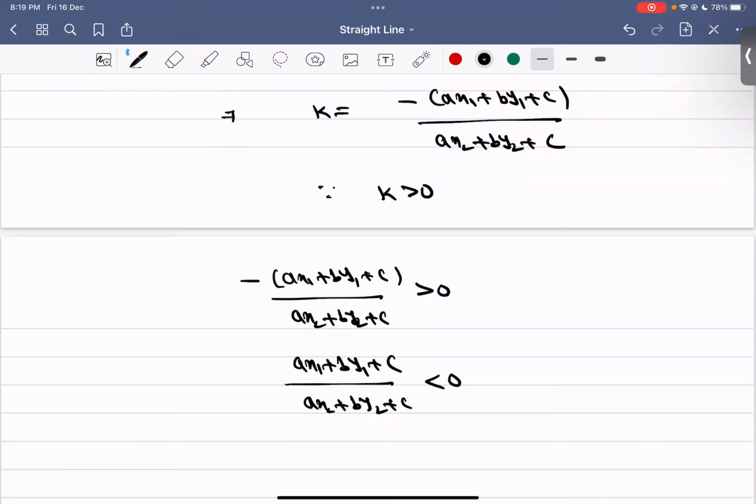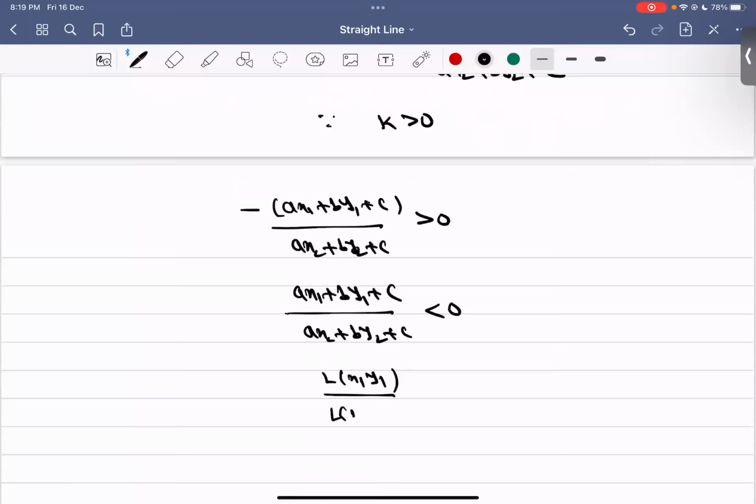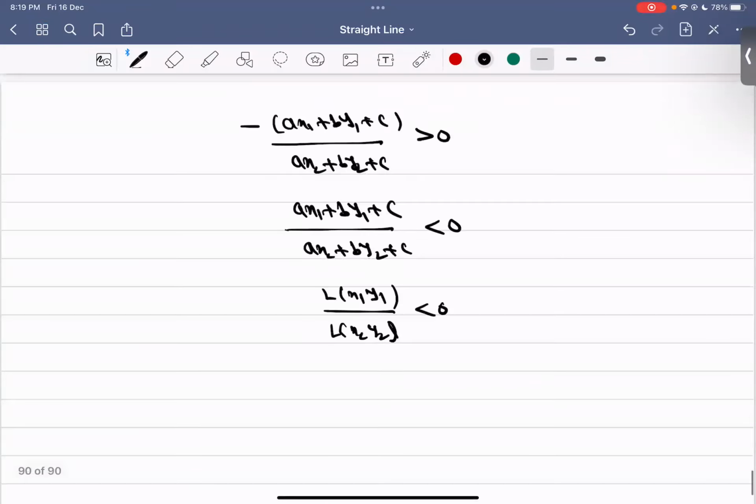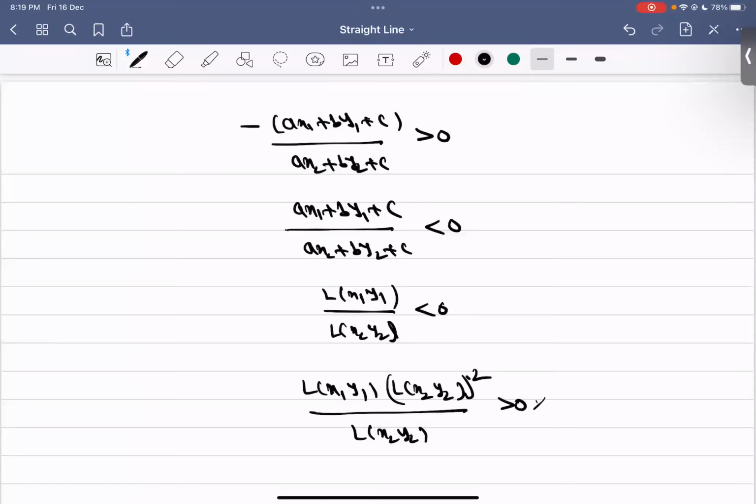No, same. This is nothing but L of x1 y1 over L of x2 y2 is negative. Similar to previous one, multiply both sides with L of x2 y2 whole square. It's a positive quantity. L of x1 y1 by L of x2 y2 is less than 0, into L of x2 y2 whole square.